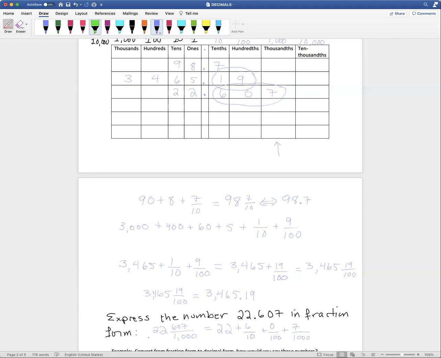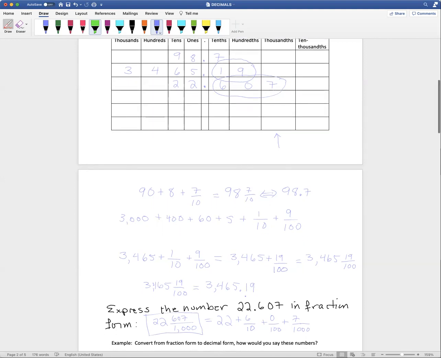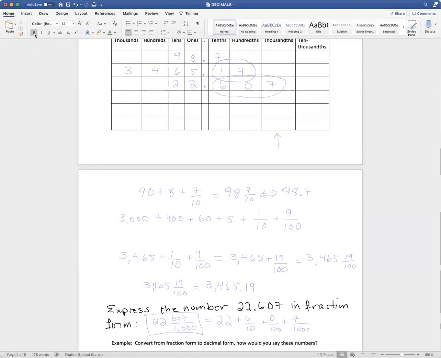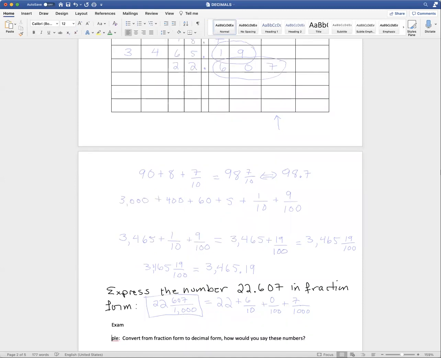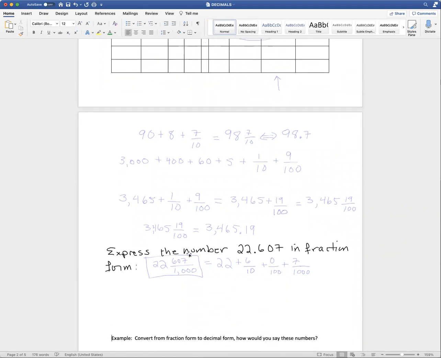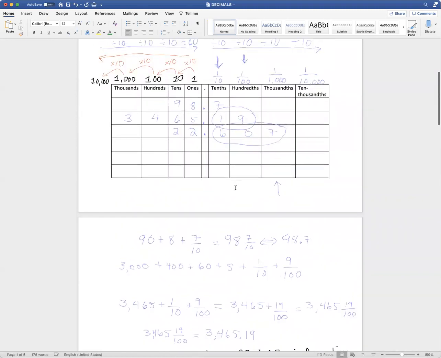So both of these are equal to each other. Here's one way of writing the number in fraction form. Here's another way of writing the number in fraction form. This number over here is the number that we tend to use. But again, remember that these are equivalent to each other. Now, I want to make sure that you're comfortable with how we would say that, because that becomes really important as well. How do we say these numbers when we're expressing them in decimal form, when we're expressing them in fraction form?